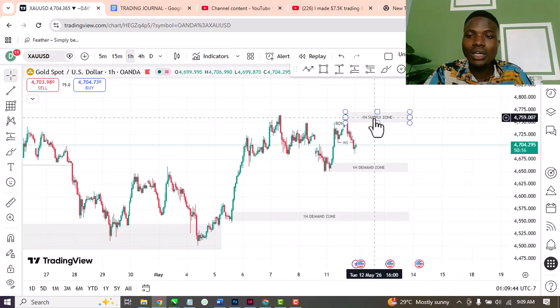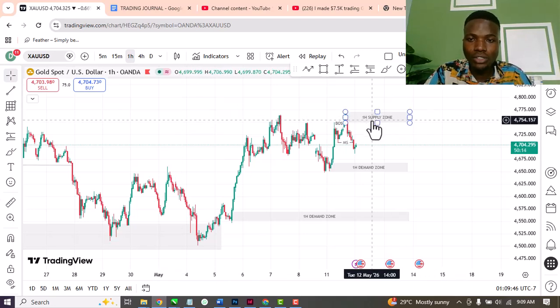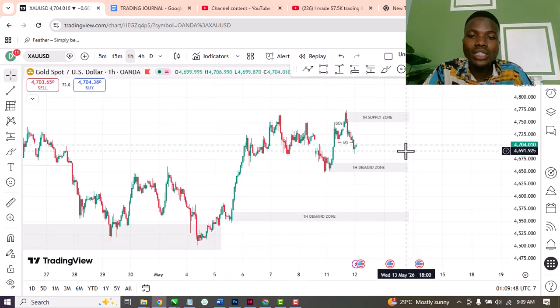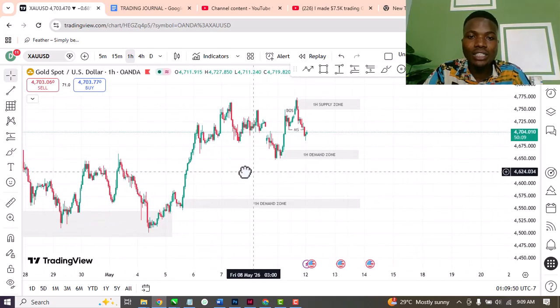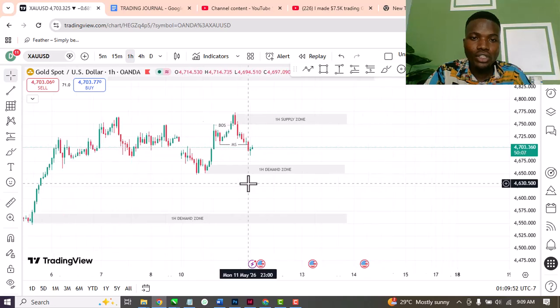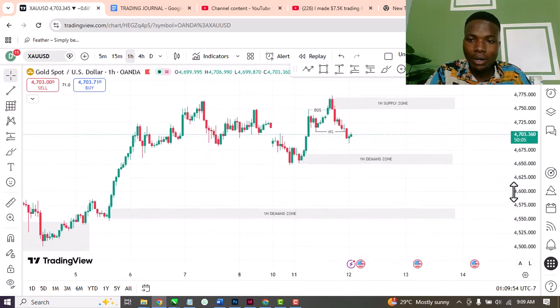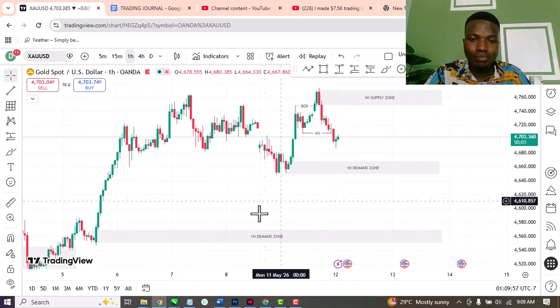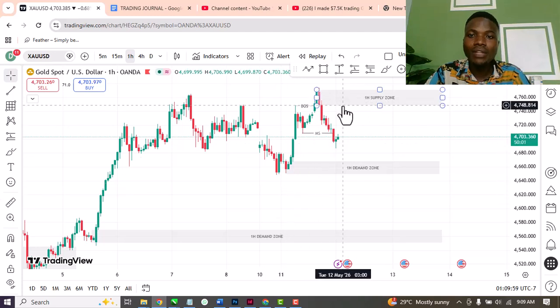Since this is a valid 1-hour supply zone, let us see how price is actually reacting. If you look at this screen closely, you see that I have already marked out my demand zone. I can say that this is the extreme 1-hour supply zone, right?